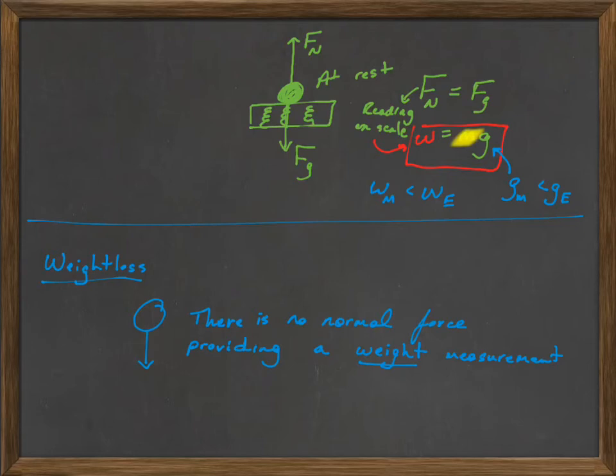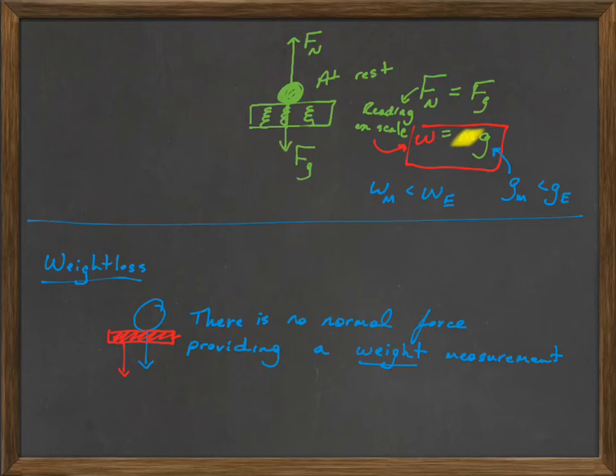Even if I were to put this object on a scale and allow both the ball and the scale to enter free fall, since the scale is falling at the same rate as the ball, there would be no normal force, and therefore there is no weight measurement. And if there's no weight measurement, then that means there is no weight.